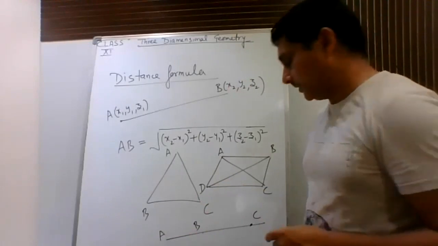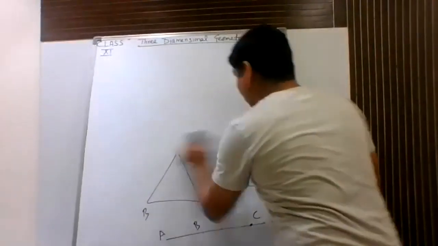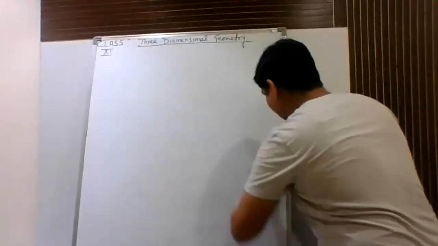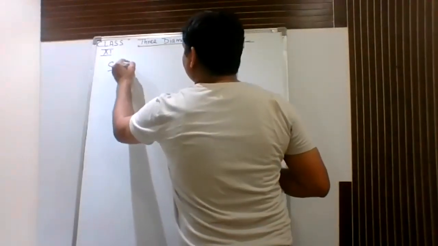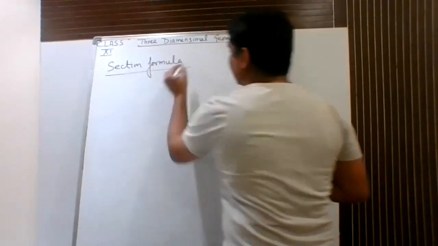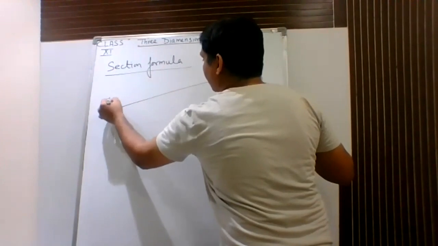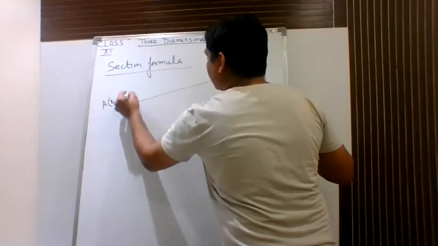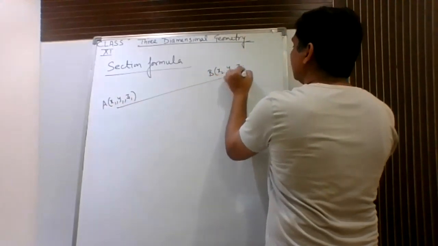That is the section formula. Suppose you have this point A, whose coordinates are x1, y1, z1. You have this point B whose coordinates are x2, y2, z2.